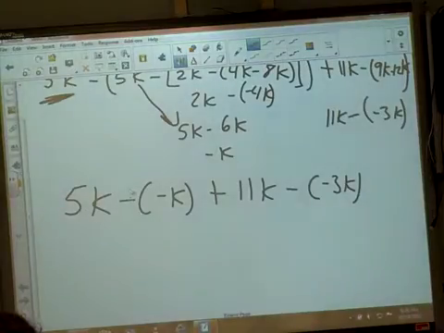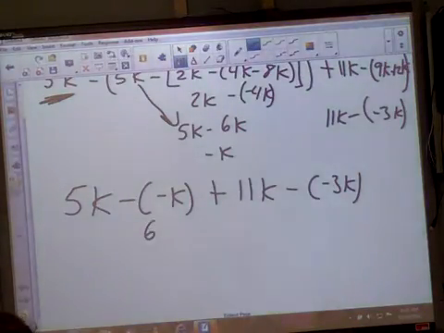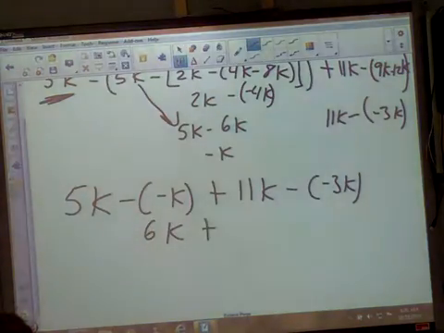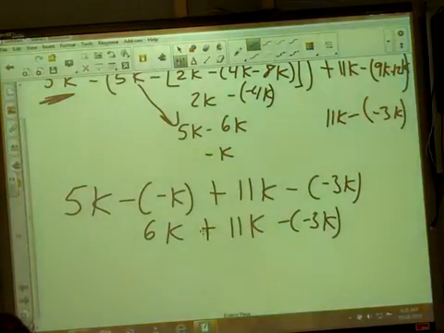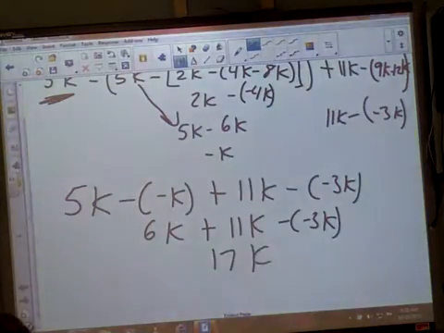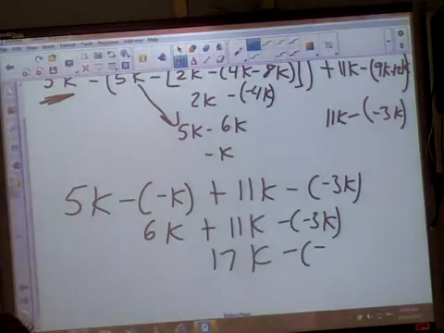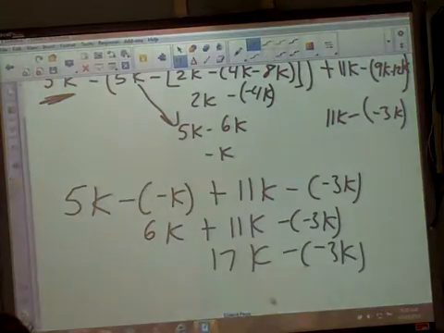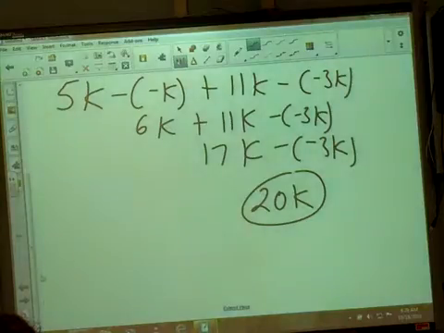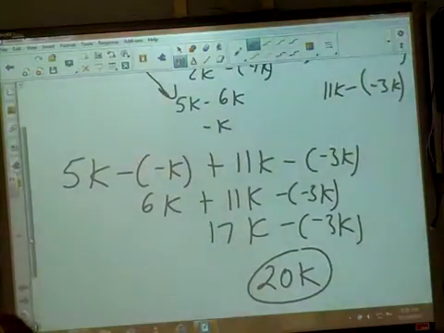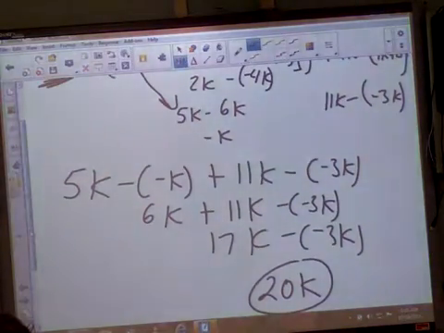So this 5K minus negative 1K would be 6K. 6K plus 11K, 17K. And then that minus negative 3 is the same as adding. 20K. Good job. I have 20K in my pocket.